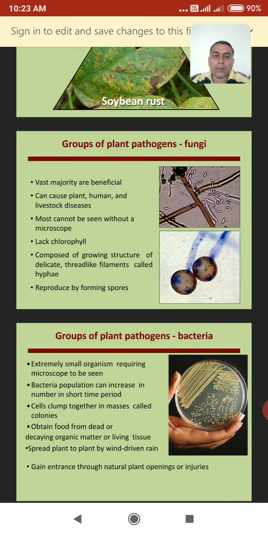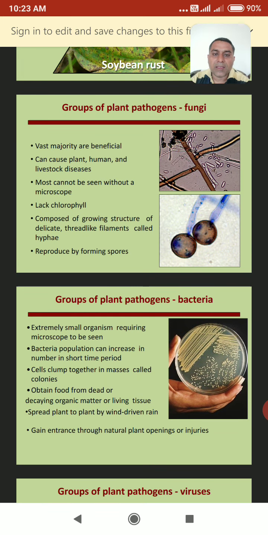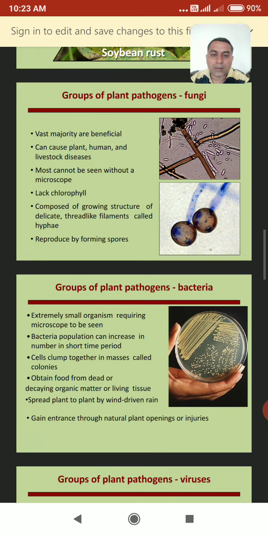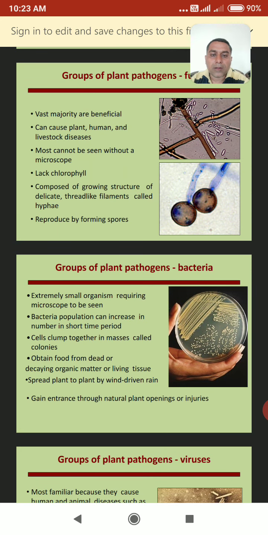Now, group of pathogens, that is bacteria: extremely small organisms requiring a microscope to be seen. Bacterial populations can increase in number in a very short period of time. Cells clump together in masses called colonies. They obtain food from dead or decaying organic matter or living tissue.